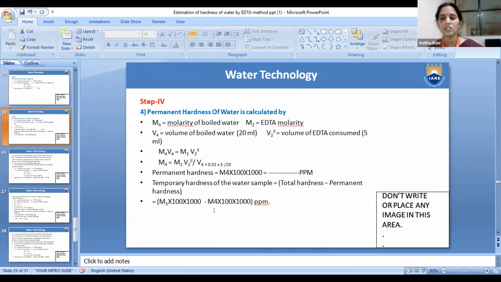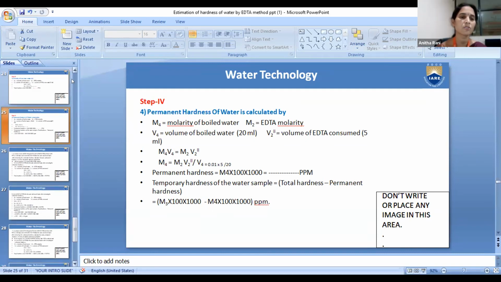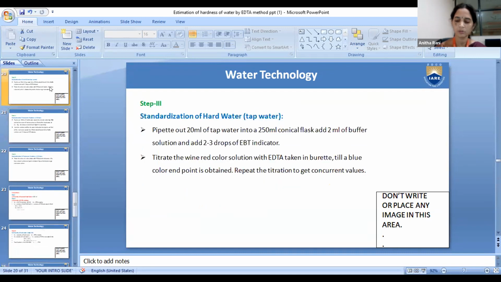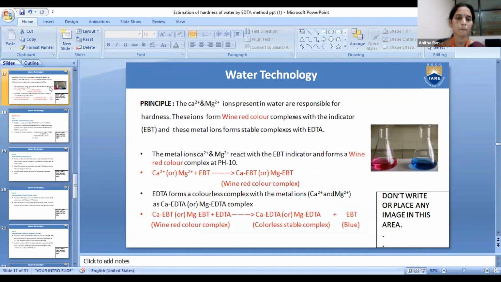By using EDTA as a titrant, we are going to find out total hardness, permanent hardness and temporary hardness. You have to remember the steps in the procedure. There are 4 steps, then you can go for calculation.